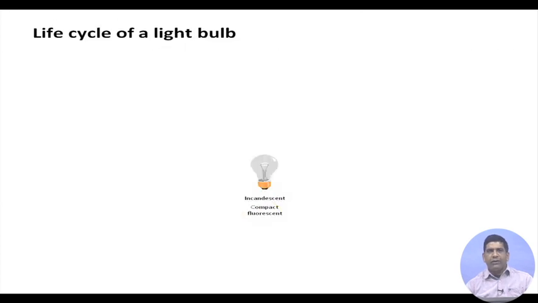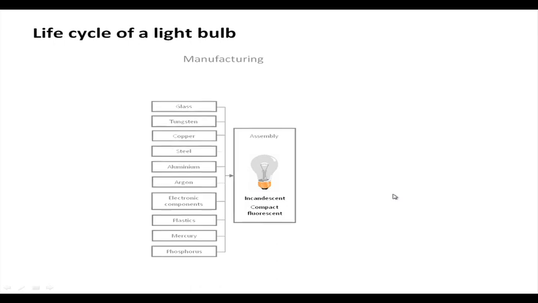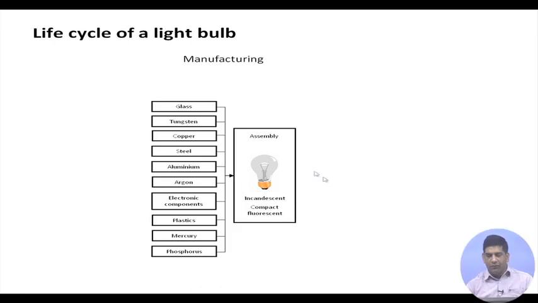So let's look at the life cycle of a light bulb, incandescent or compact fluorescent. I want to manufacture this light bulb. For manufacture, we need a lot of materials: glass, tungsten, copper, steel, aluminum, argon, electronic components, plastics, mercury, phosphorus.